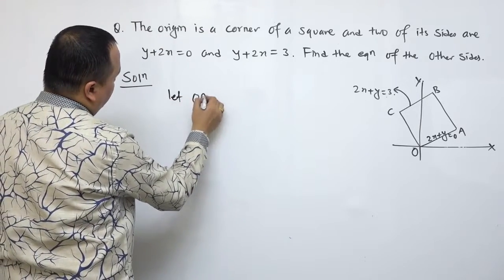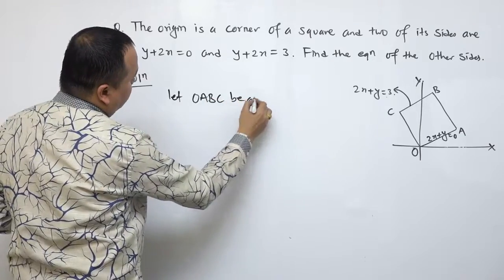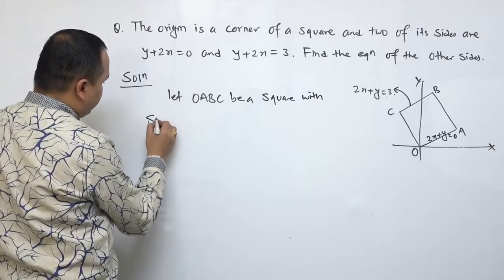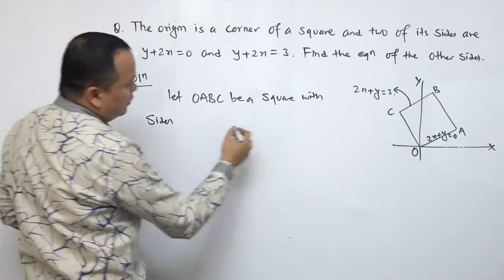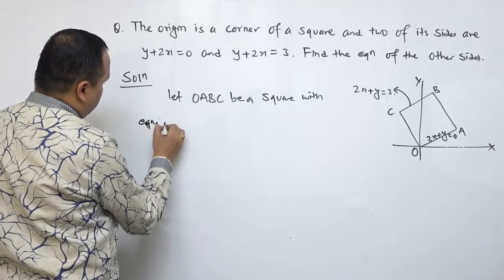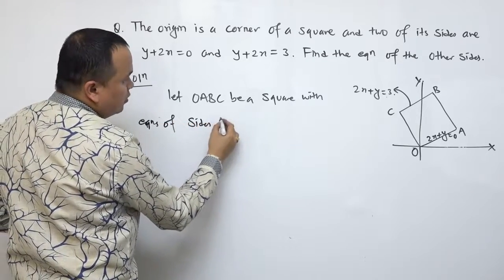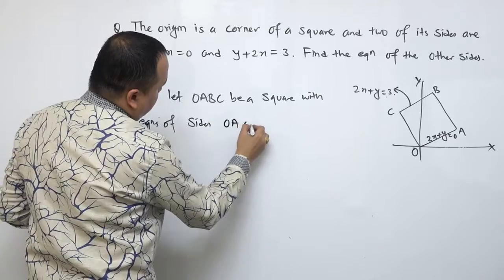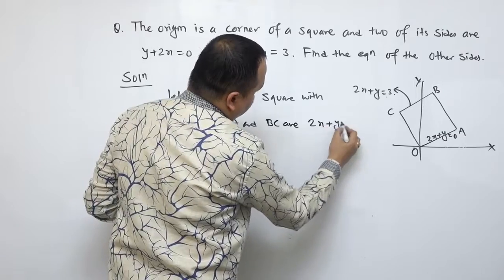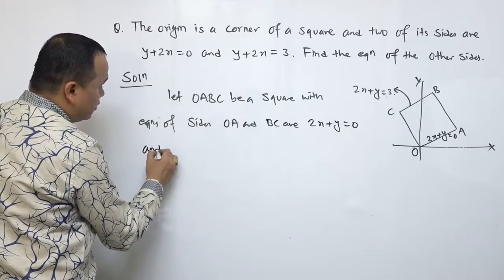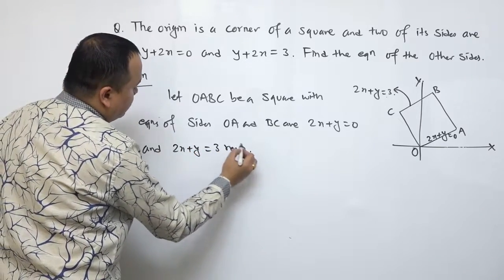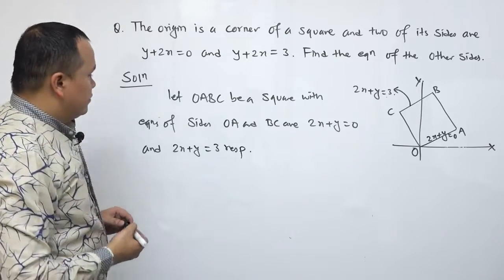Let OABC be a square with equations of sides OA and BC are 2x plus y is equal to 0 and 2x plus y is equal to 3 respectively.